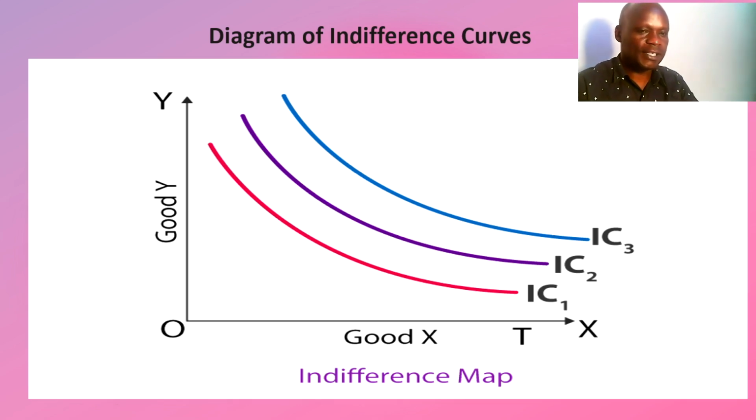Now, it is convex to the origin. That we can see by the shape because of the substitution effect that happens. If you take more of Y, you have to give up some of X in order to get more of Y. Then they are non-intersecting.